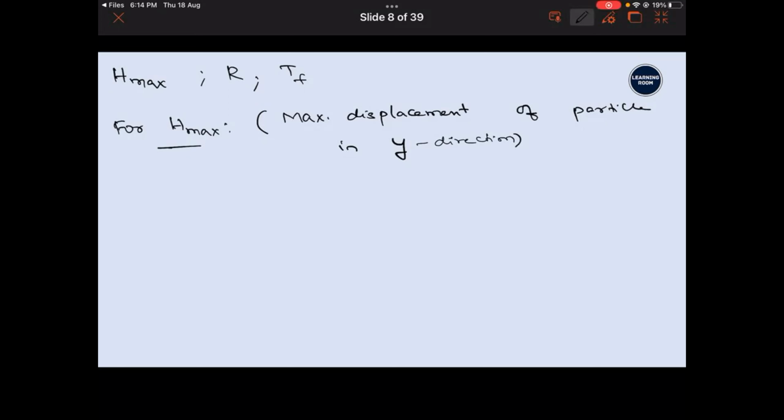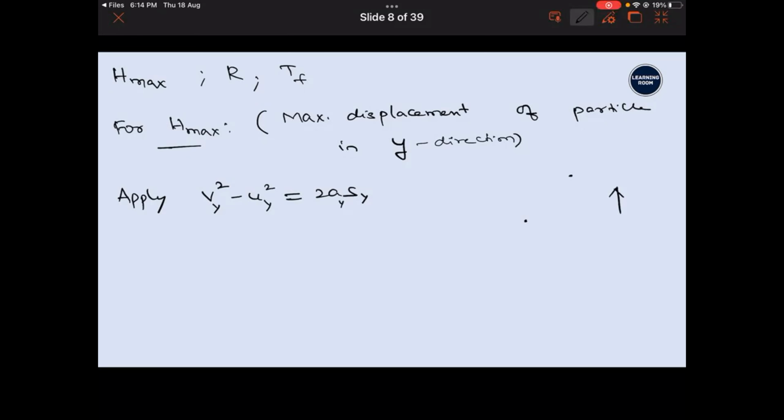So to calculate this, what you will do is apply v square minus u square is equal to 2as along the y direction. Means you will take all the values of final velocity, initial velocity, acceleration, and displacement only along y direction. When the particle has gone from bottom to top, the particle has traveled in the upward direction.